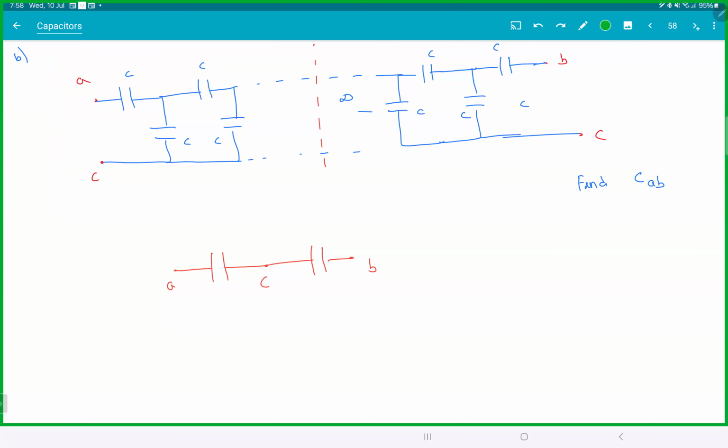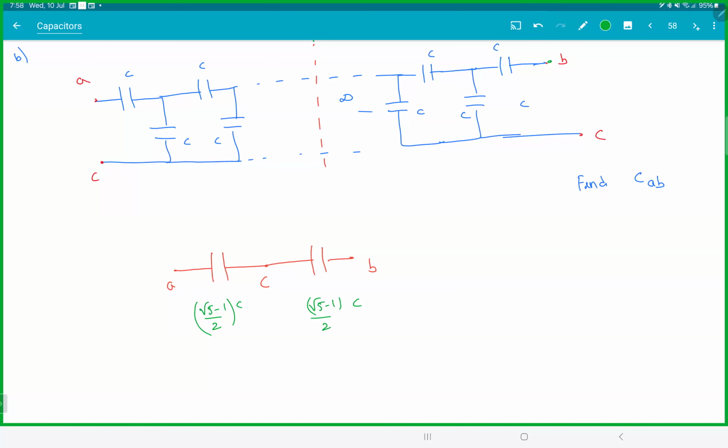You getting what we did? Basically, I'm finding capacitance between A and C, meaning leave B. That is an infinite grid, which is root 5 minus 1 by 2 into C. Similarly, find between B and C. That is another infinite grid. That is also root 5 minus 1 by 2 into C.